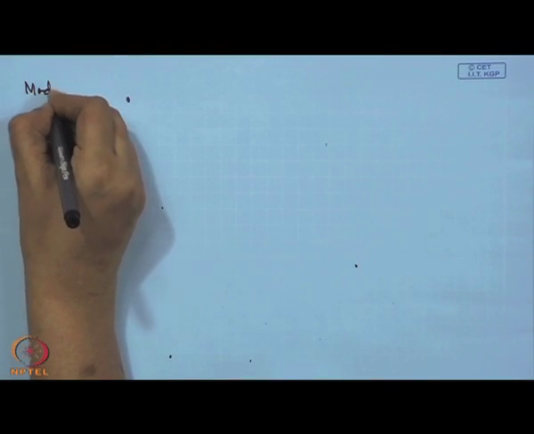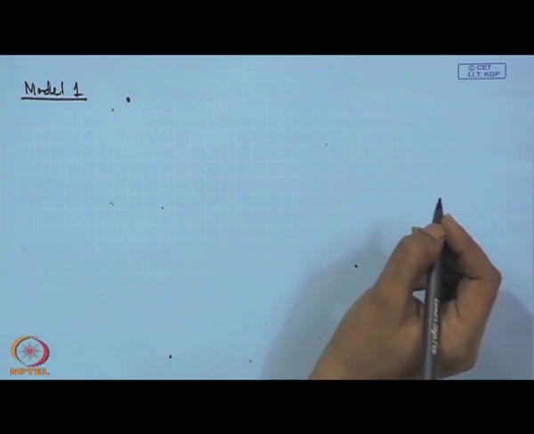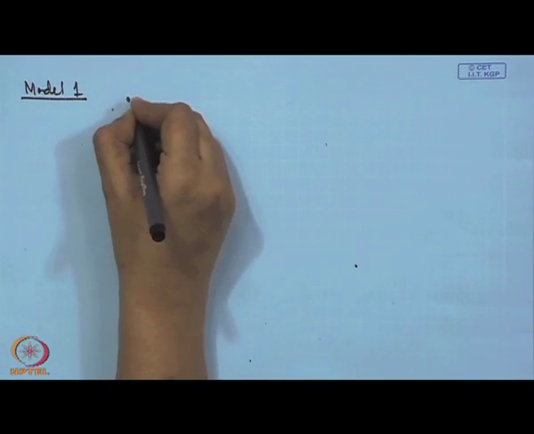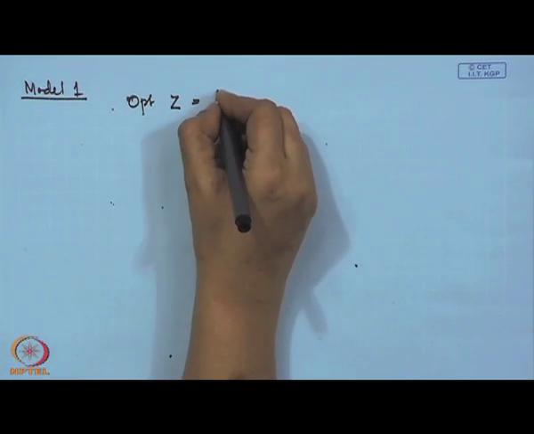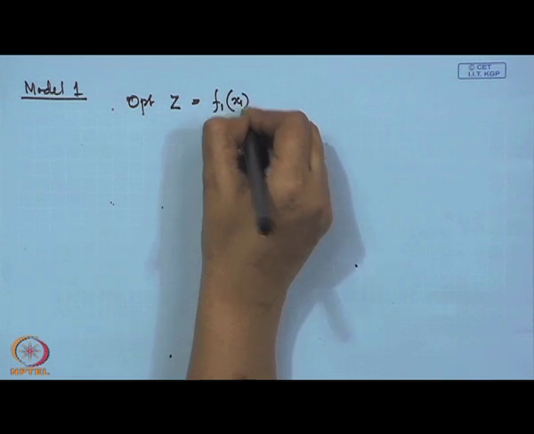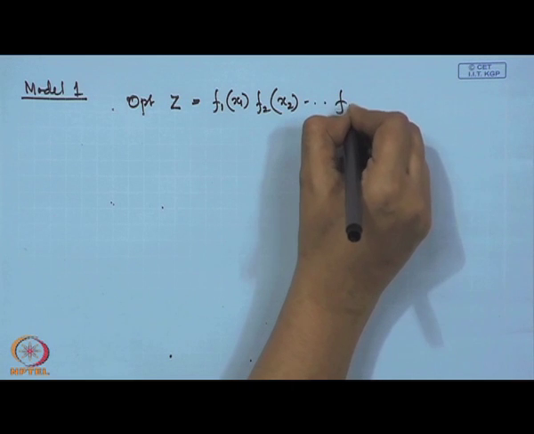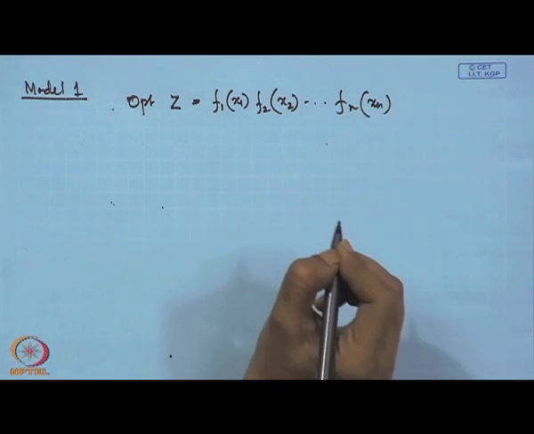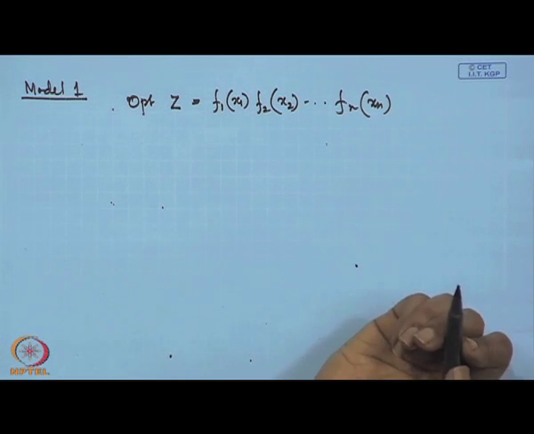Let me take a simple model first, that is model 1, where we are considering the objective function as f1 x1 plus f2 x2 up to fn xn, where x1, x2, xn are the variables involved in the decision process.